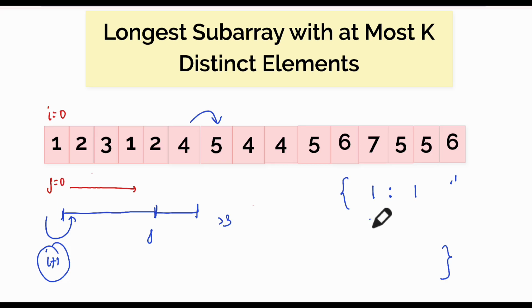Now let us say 2 was 1 and 3 was also 1. Whenever I see the next element 1, and the value is already present in the dictionary, I need to increase the frequency by 1. So whenever you encounter an existing value, you increase the count in the dictionary by 1, and whenever you encounter a totally new value, you set the value of that particular key as 1.